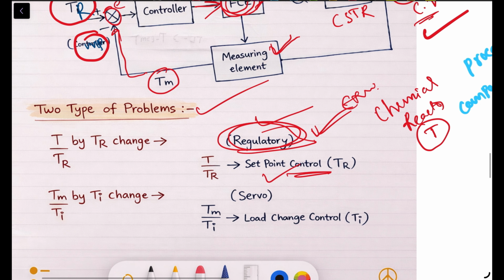Then we have a servo problem. Here the set point changes with time. So the control system must track the changing set point. Best examples for this are the missile tracking system. This was discussed last class.